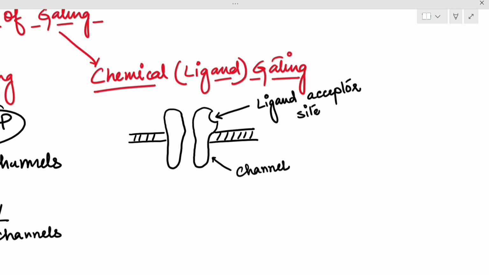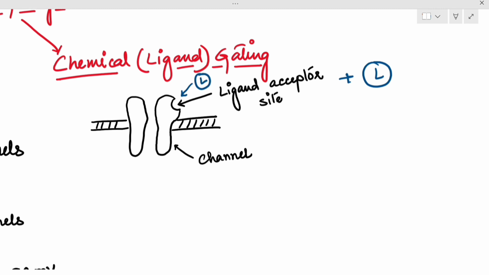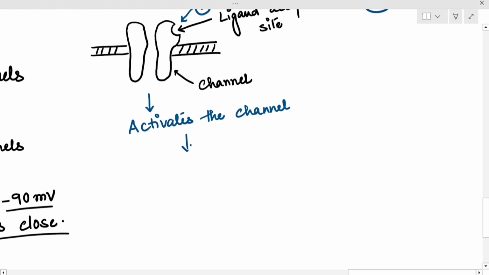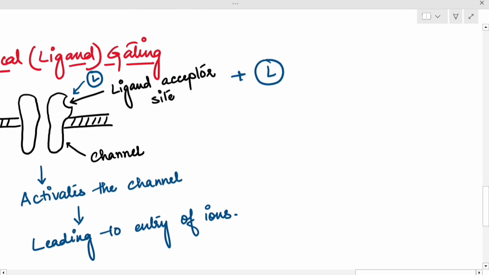Okay, now when a ligand comes and joins in this particular place, which activates the channel, leading to entry of ions. Okay, fine.